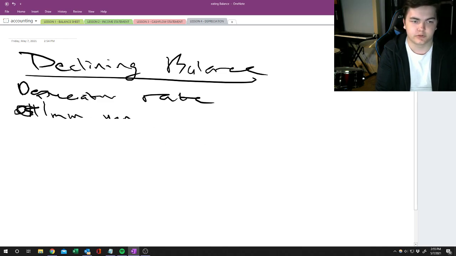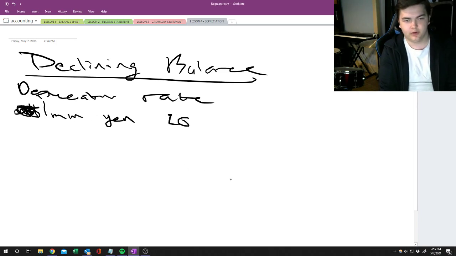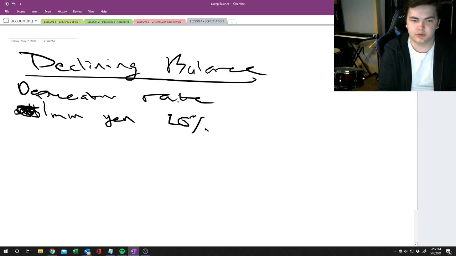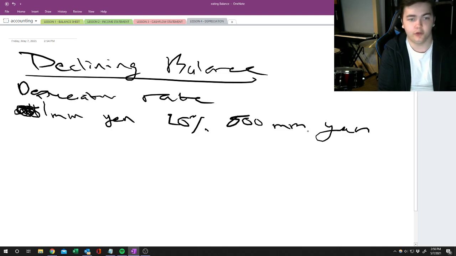I guess my dollar sign is null, given that I'm in yen here. So if you had 1 million yen as the acquisition cost of your factory or something, and your depreciation rate's 20%, well, in the second year, you're going to have 800 million yen on your balance sheet in regards to the value of that asset. So that's the declining balance method. You're just multiplying by a rate at which it's depreciated every year.